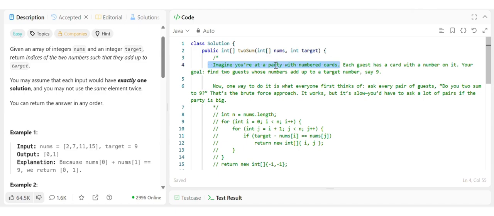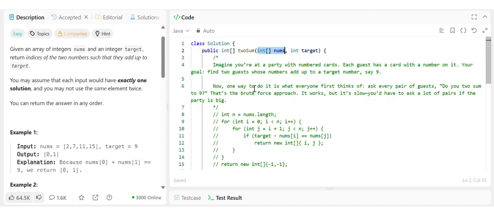That is, you are given an array nums, an integer array, which represents all of your guests at the party. And the values, the integers written in this array nums, represent the numbers that each guest in your party carries.